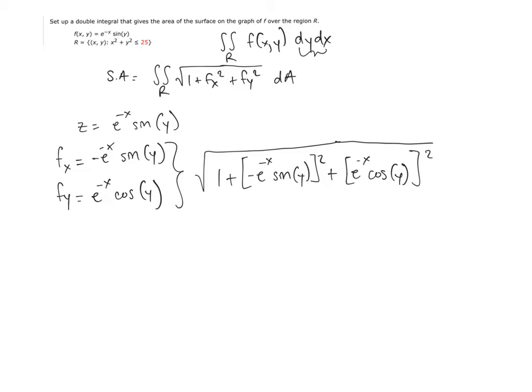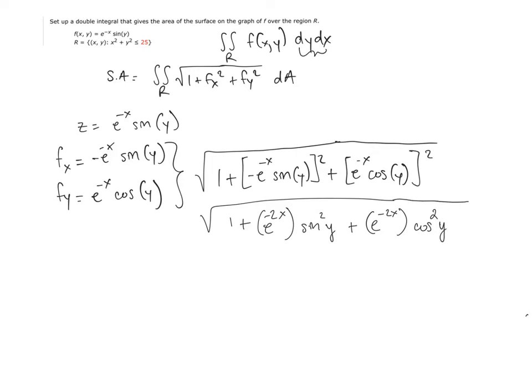Alright, now you should be able to simplify, and then you will have 1 plus e to the negative 2x multiplied by sine squared of y, plus e to the negative 2x cosine squared of y.